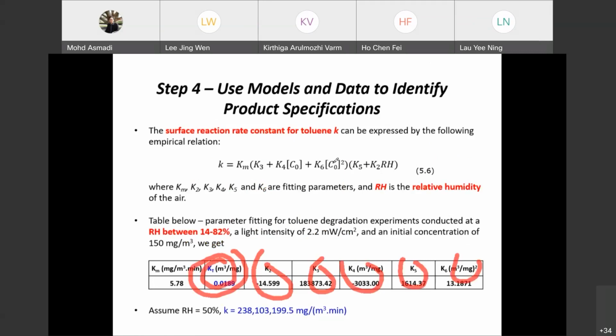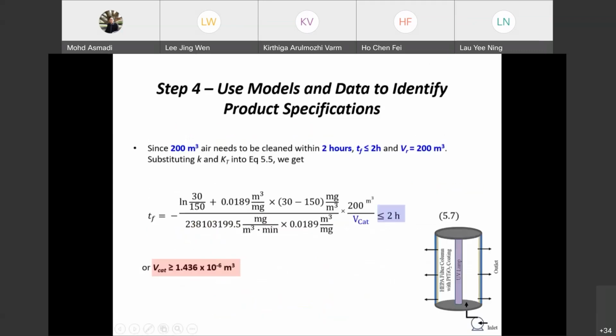Just substitute into the previous equations so that we can get the t final. It must be below 2 hours, because after 2 hours it means your product does not meet the specification.